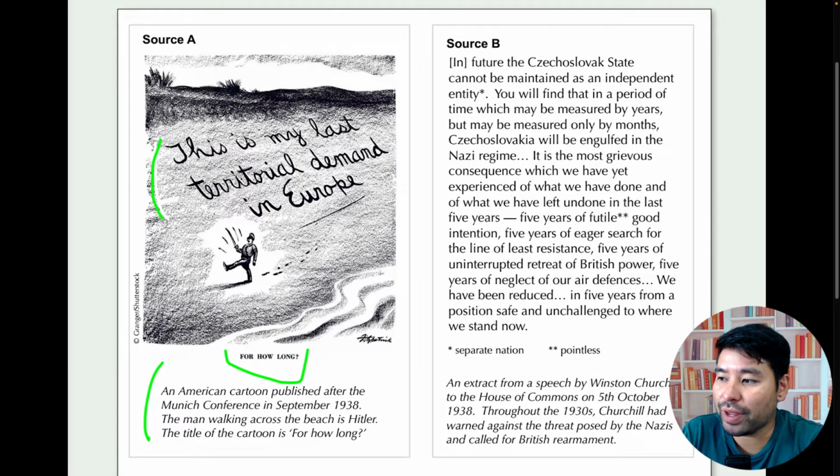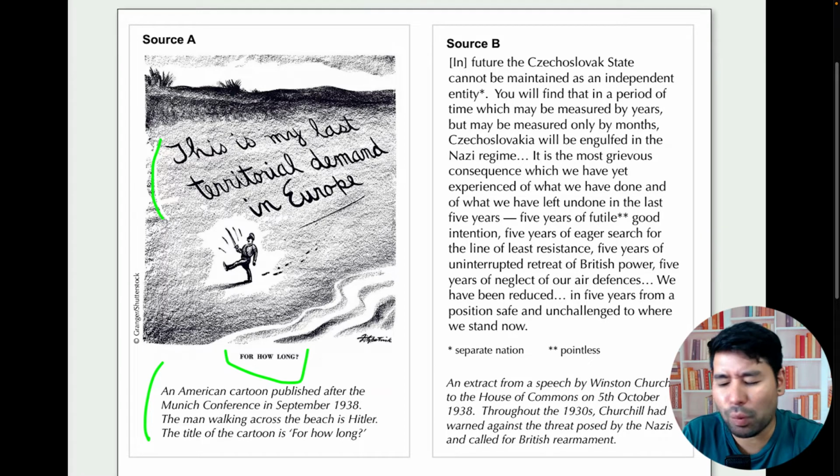It is the most grievous consequence which we have yet experienced of what we have done and of what we have left undone in the last 5 years. 5 years of futile good intention, 5 years of eager search for the line of least resistance, 5 years of uninterrupted retreat of British power, 5 years of neglect of our air defenses. We have been reduced in 5 years from a position safe and unchallenged to where we stand now.